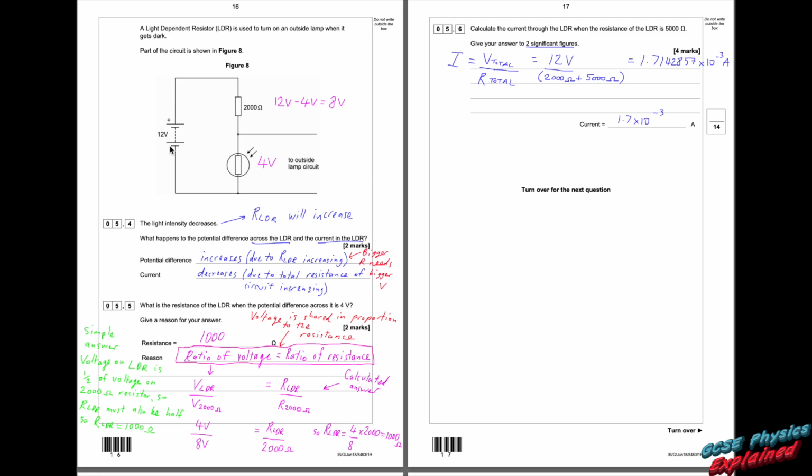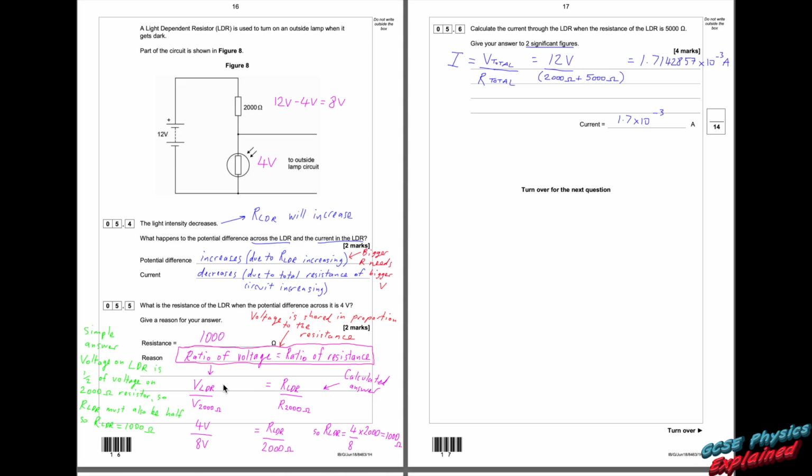Now, I've got 12 volts in the entire circuit. So if this is 4 volts, then across here must be 12 volts take away 4 volts, which is 8 volts. Now you can see that this has got twice as much voltage as this. So that means that this must have twice as much resistance as this. It's as simple as that. So if that's 2000, this must be half of 2000, which is 1000. And that's what I've written there.